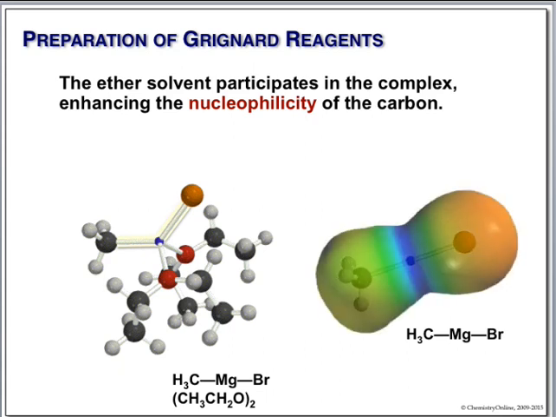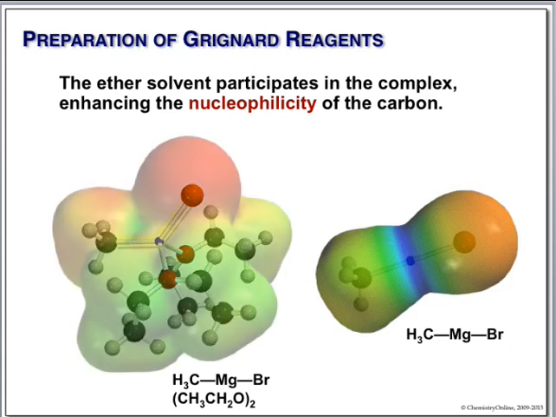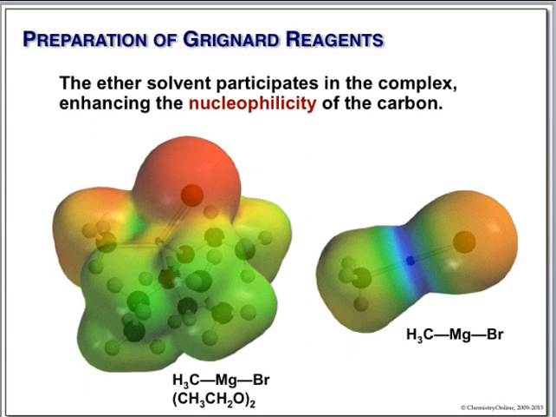And again, if you look at the electrostatic potential maps, we have much more carbanion character on the methyl group once we do our chelation than we do in the simple version. The ether is an essential part of the reaction.